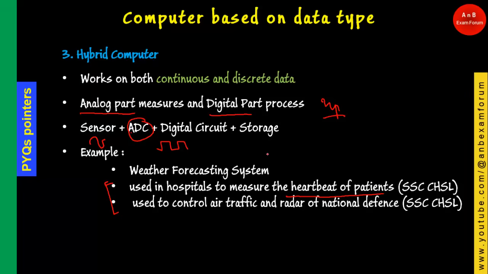And like air traffic and radar, where the plane, or the flying device, is going to be captured by radar. Radar is again an analog device which converts the data for digital circuits, and that will be processed by a digital computer. In this way this whole computing thing is a hybrid computer. And this pointer was asked in SSC CHSL.